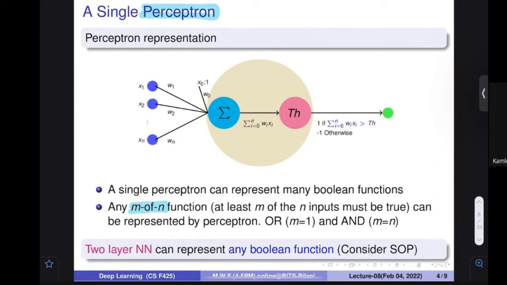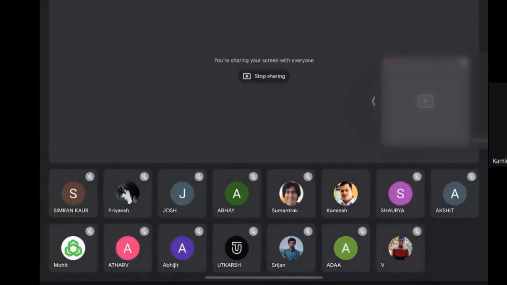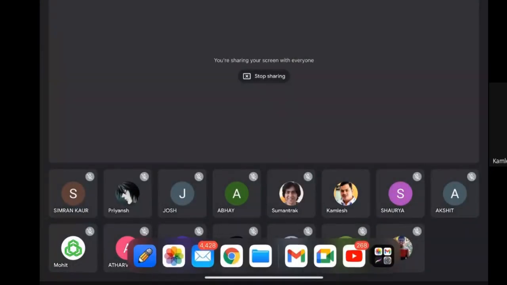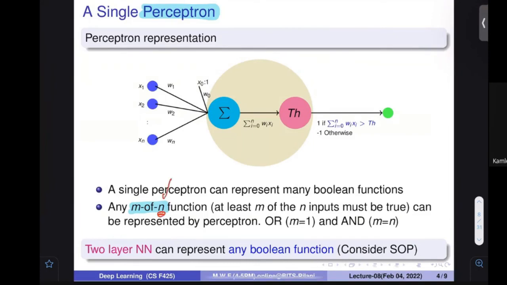M of n function means what? Let's assume that n is the input. Let me take n equal to 4.